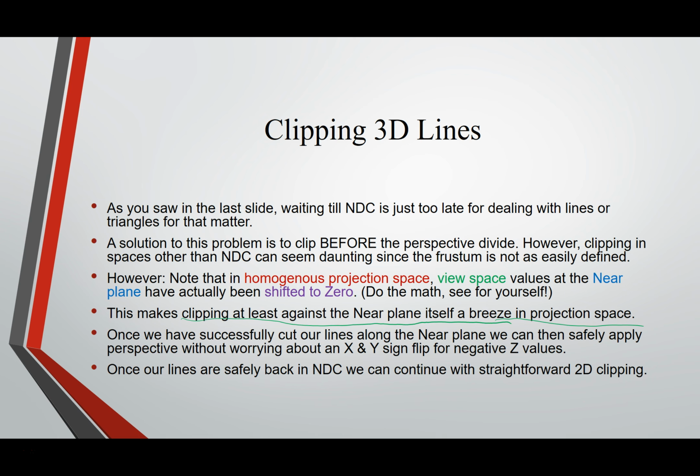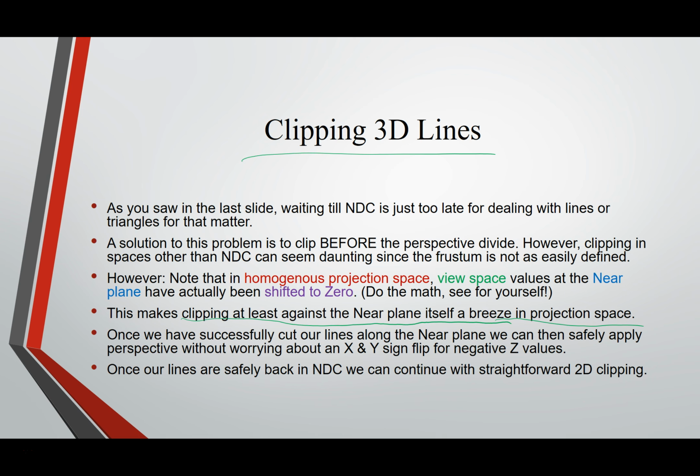So here's the trick that we can use. Not a trick, but here's some useful thing that we can do. If we cut our lines and triangles, in this case we're doing lines, but it'll also help us with triangles, if we cut our lines along the near plane, so if we chop them so they start from the near plane, if they are intersecting the near plane, we basically get rid of the portion that is passing through.